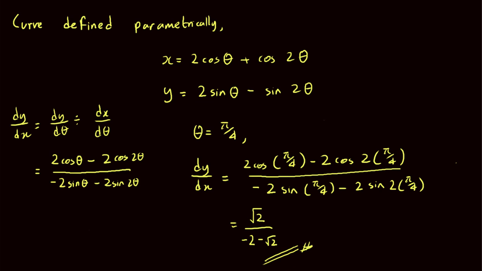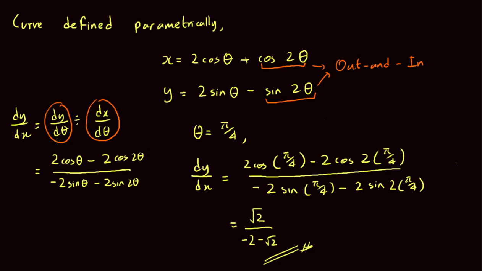We first had to find dy over d theta and dx over d theta, and from these two parts we had to use a little bit of chain rule. I used the faster variation, the out and in method, but it works, and you don't have to really remember it.